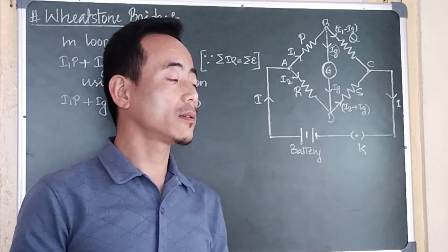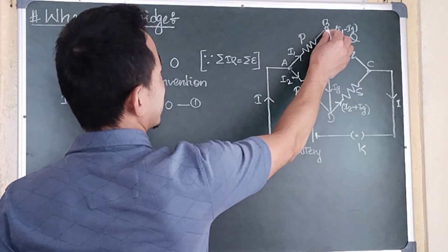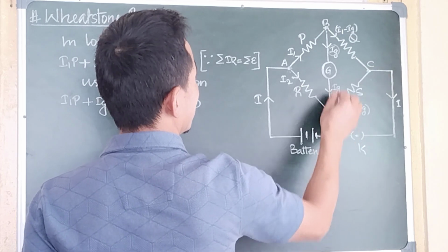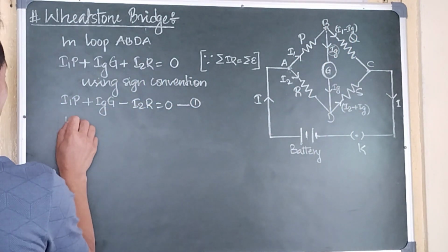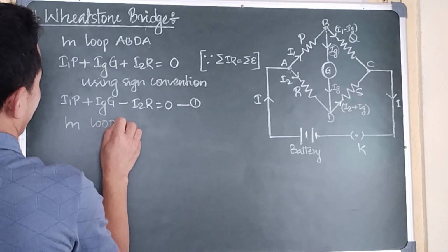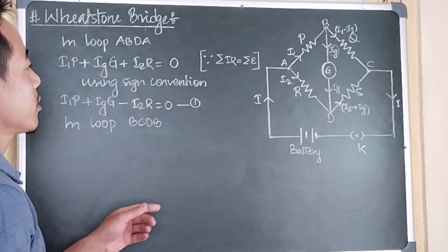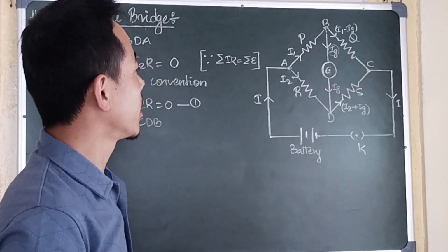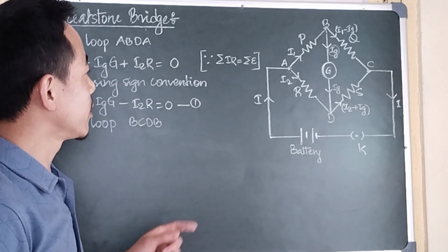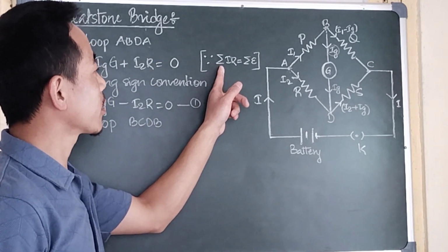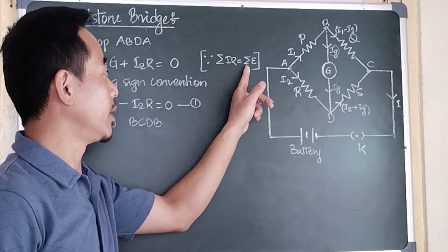Now we will take another loop, this loop B, C, D, B. In this loop B, C, D, B, again we will use Kirchhoff's second law, that is, the sum of the product of current and resistance equals the sum of the EMFs.